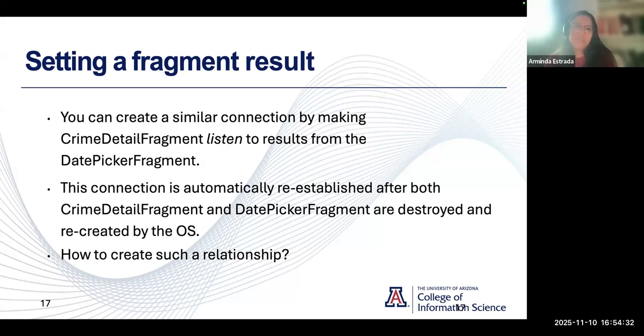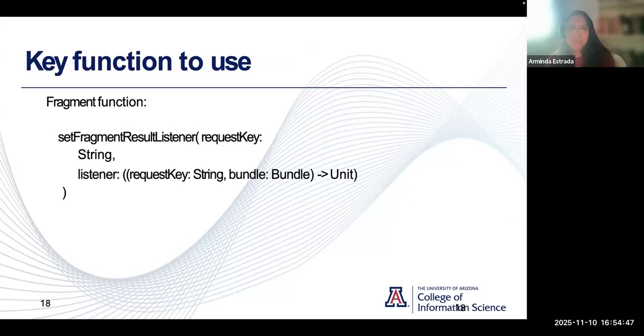We create a relationship so that the fragment listens to the results of the date picker. And when they are both destroyed, we have to make sure that that relationship is still kept. So how do we do that?